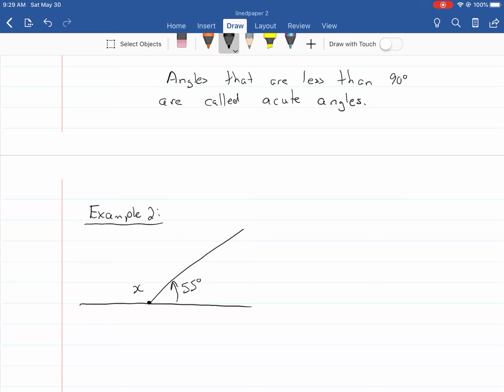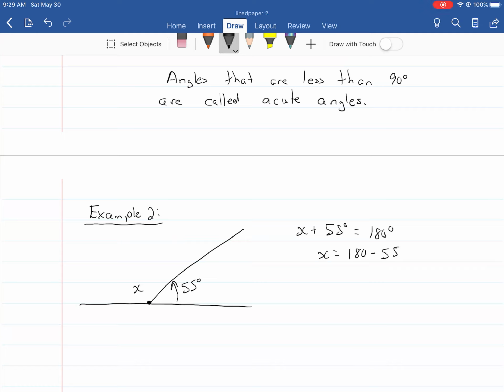Could you come up with the value of x? And I encourage you to think in equations because it's going to get you ready for tougher questions. So with an equation, we see these two angles here add to 180. So x plus the 55 has to come out to 180 degrees.